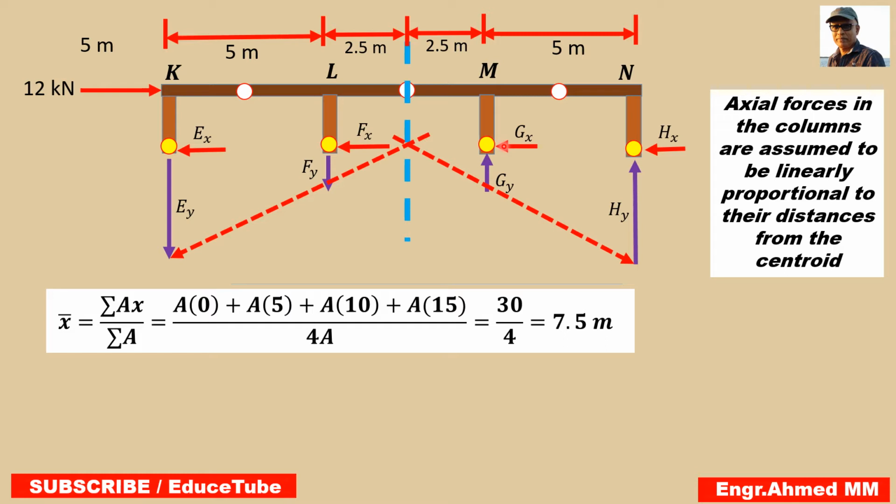And another important thing, as I said already, the axial forces in the columns are assumed to be linearly proportional to their distance from the centroid. So the relationship between them we can establish by means of similar triangles. So what can you write?